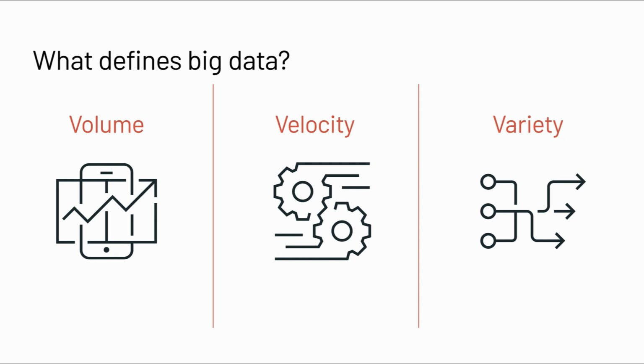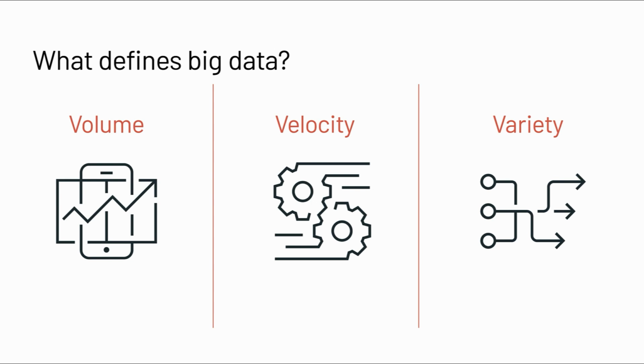So when we think about big data, that term refers to data that is nearly impossible to process using traditional methods, because there is so much of it coming in so quickly and in so many different formats. We summarize these major characteristics used to define big data as volume, velocity, and variety.